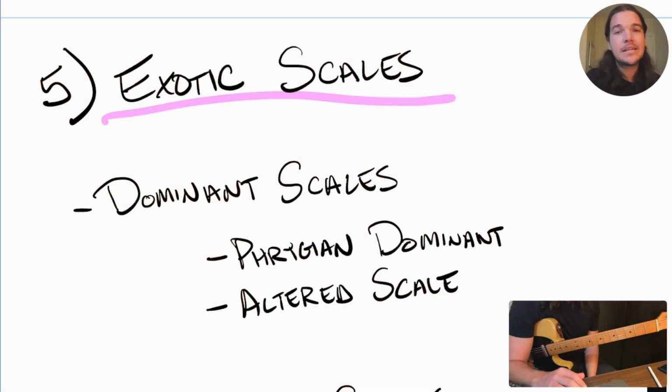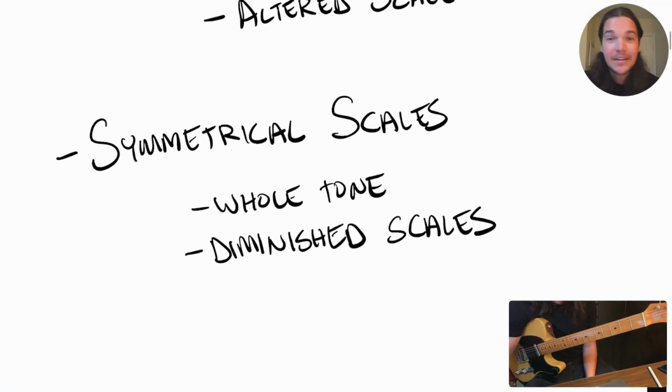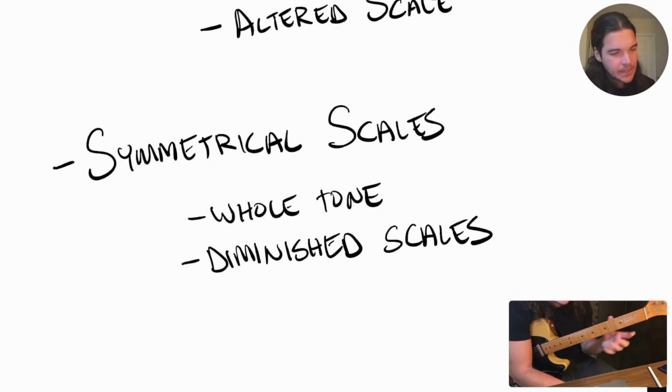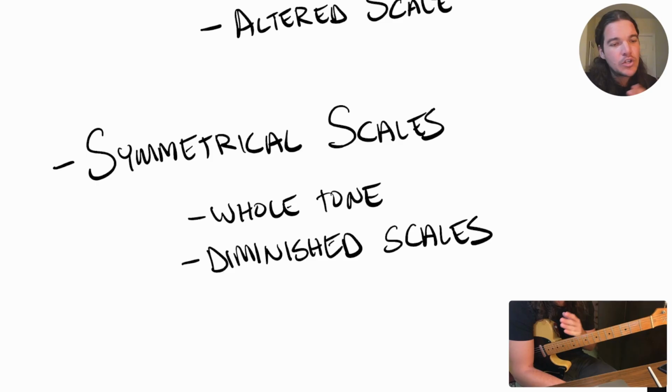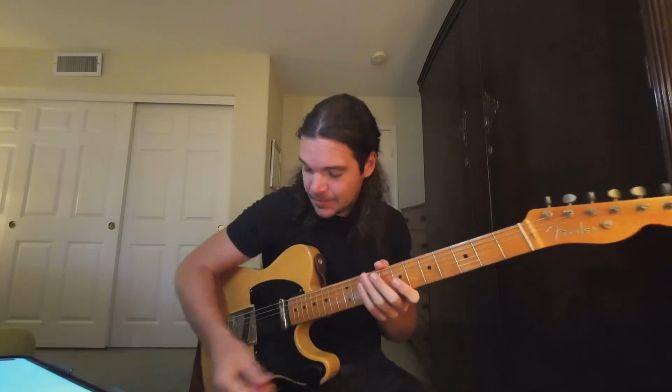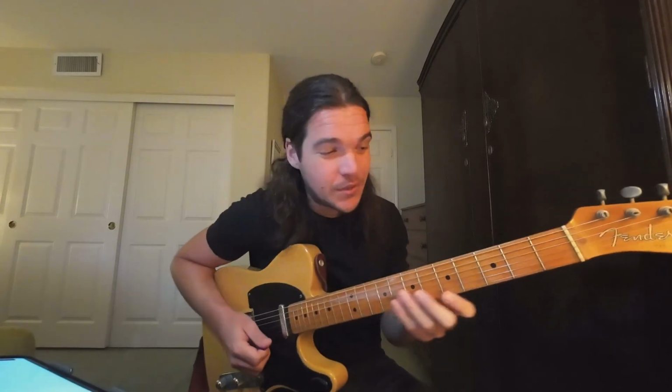Okay, let us continue to symmetrical scales. Symmetrical scales are scales that basically use the same pattern of whole steps and half steps. It's very rigid and symmetrical in the way that the pattern works. So for example, a whole tone scale is strictly whole steps. It's all whole steps.